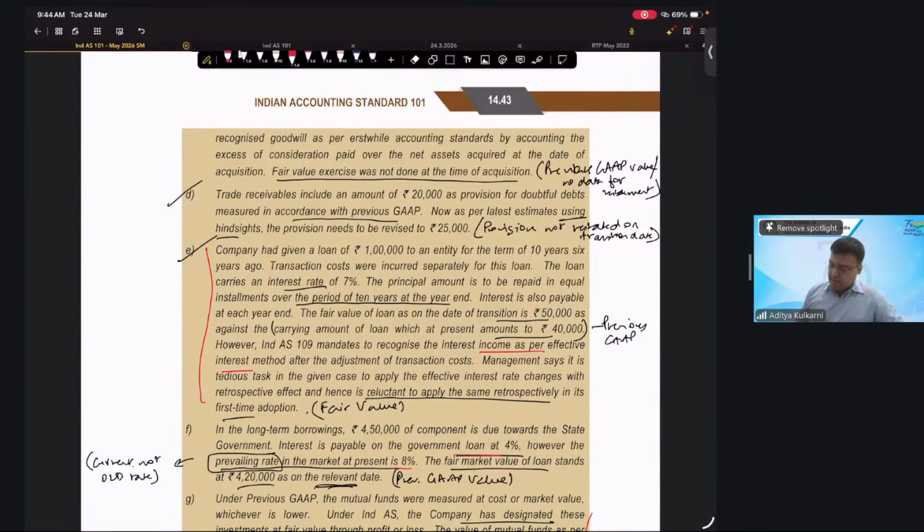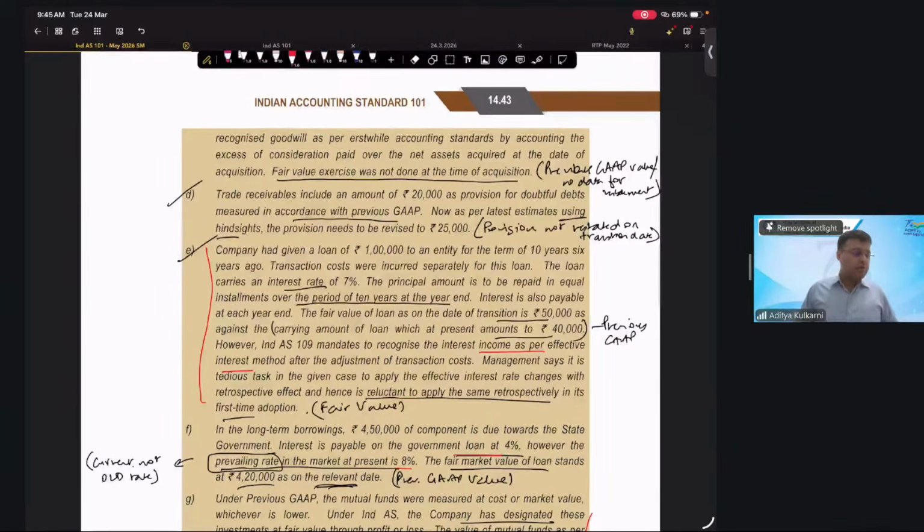Trade receivables include an amount of 20,000 as provision. As per latest estimates, provision needs to be revised to 25,000. Is it okay? What do you think for this one? It is an accounting estimate, so we have to use the same value, 20,000, sir.